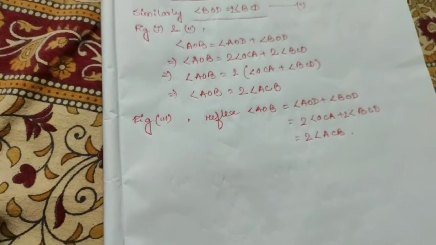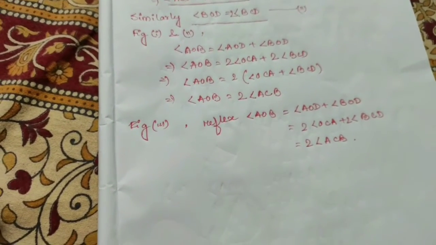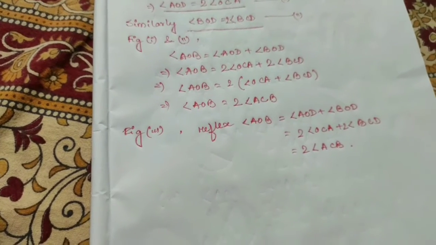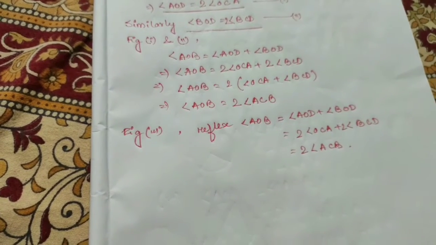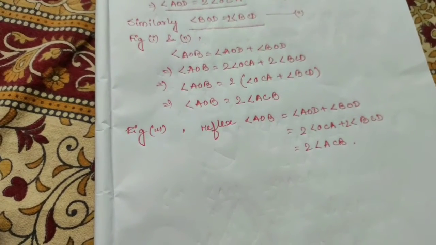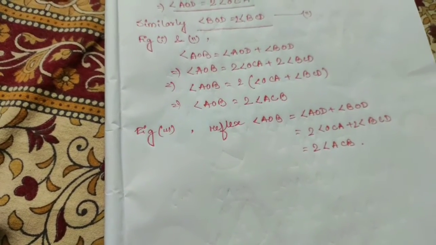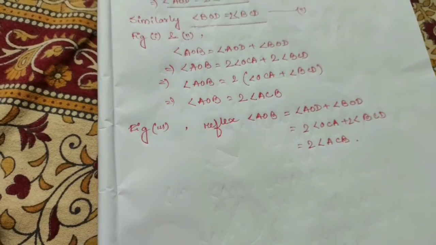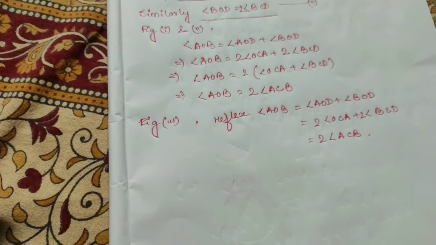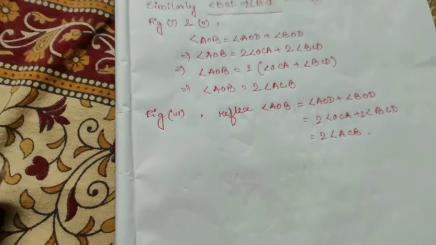For figures 1, 2 and 3, I have proved that the angle subtended on the circumference of the circle is half of the angle subtended on the center of the circle, or the angle subtended on the center of the circle is equal to twice the angle subtended on the circumference of the circle.